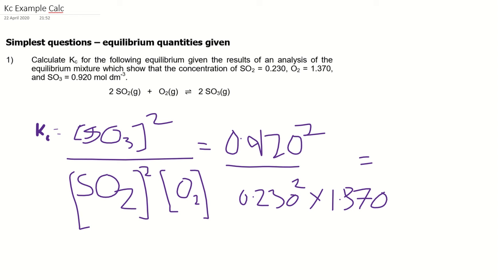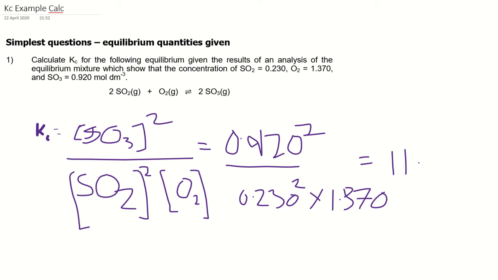That gives me a number. I'm going to divide that by, open brackets, 0.230 squared times by 1.370, close those brackets. Gives me a decimal, press SD to get a value.